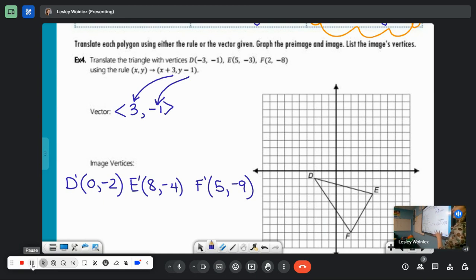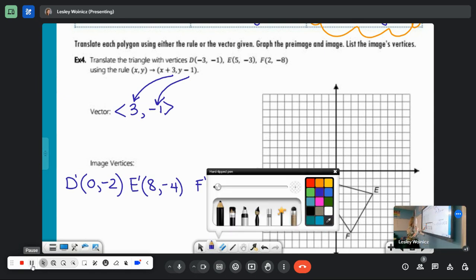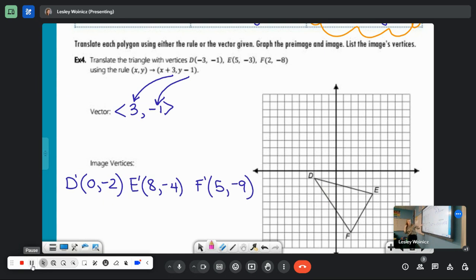Alternatively, I don't need to use the coordinate rule and get the vertices. I can just do it on the graph, where I can do both. So, for each of my pre-image points, I'm going to shift them right 3 and down 1. So here's my d prime. Okay, right 3 down 1 for my e prime.